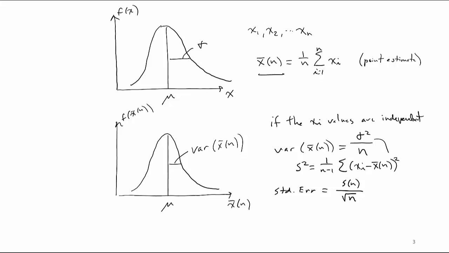And so this leads us to the approximate 100 times 1 minus alpha percent confidence interval on mu, which is as follows.